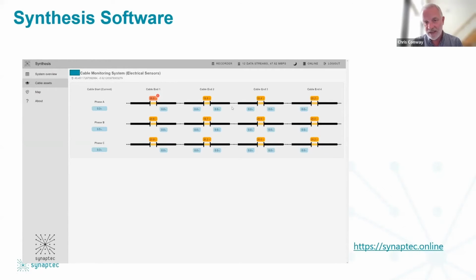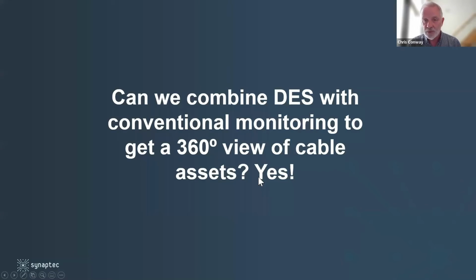But effectively that data can be displayed or handled within our own system, or handed over to a third party. So how can we combine this DES data with conventional monitoring systems? I'll leave that for Callum to take over and explain a little bit more about how ECG operates.